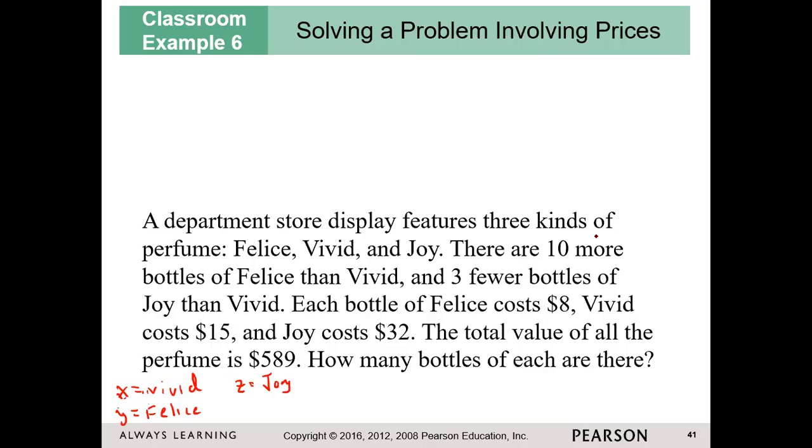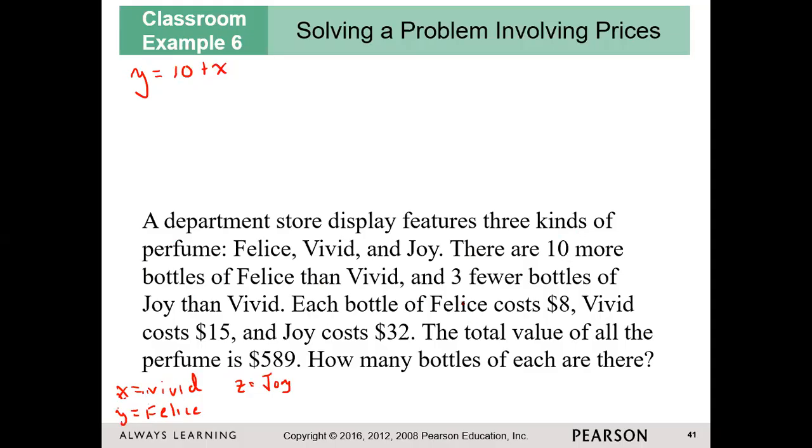Okay, so I'm just defining my variables over here. There are 10 more bottles of Felice than Vivid. So that means there's going to be an equation: Y, which is Felice, is equal to 10 plus X, because there are 10 more bottles of Felice than Vivid. So you take whatever the Vivid is, add 10 to it, that will give you the number of Felice.